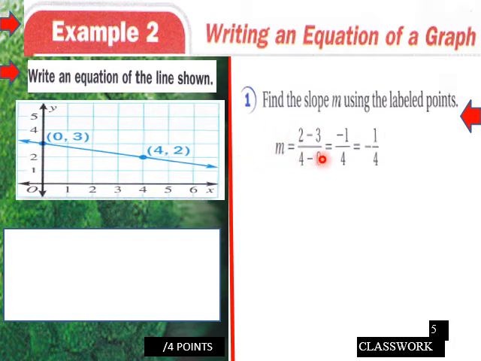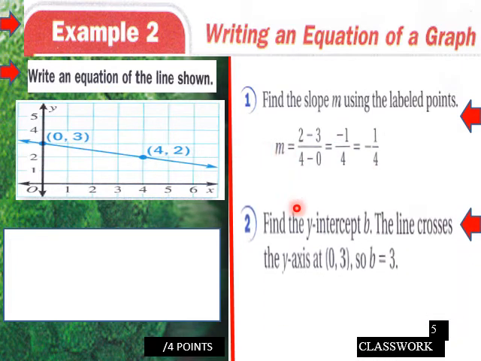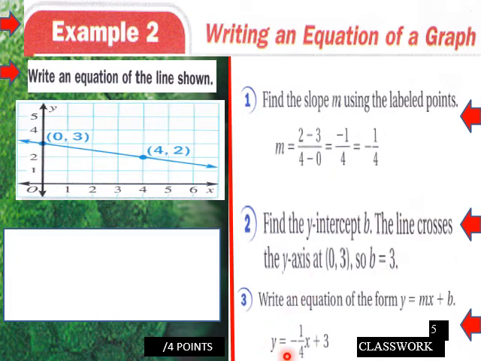Change of y over change of x, so we go 2 minus 3 over 4 minus 0, and we get negative 1 over 4. So our slope here is negative 1/4. So we know m, right? Find the y-intercept. There's our y-intercept, right? So b is 3. There you go. So you can write your equation here, negative 1/4 x plus 3.